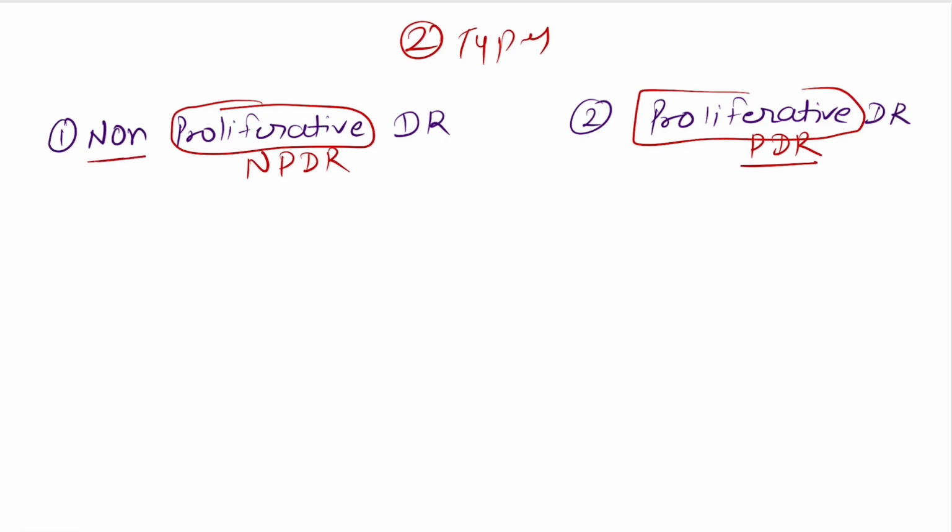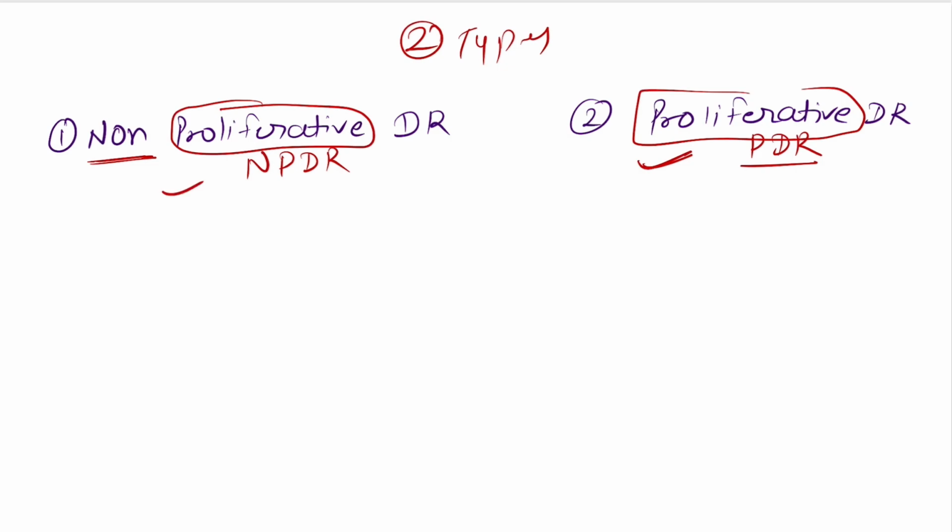Here we don't have proliferation, here we have the proliferation, and you can connect the proliferation word with the neovascularization, because proliferation means to increase, and neovascularization also means to increase the number of blood vessels, the formation of new blood vessels. So it means the neovascularization is present in the proliferative diabetic retinopathy, and that's not present in the non-proliferative one.